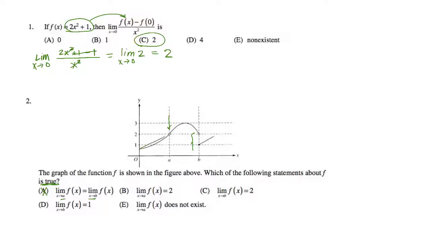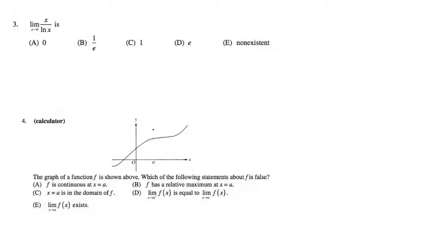So the limit from the left and the limit from the right are both approaching 2, and that is correct. Now do remember, even at a point of discontinuity, your limit can still exist.